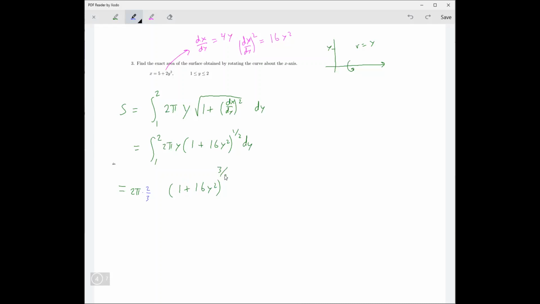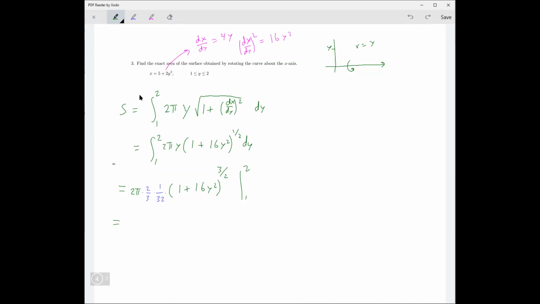Then this reduces by 1 power, so 3 halves minus 1 is 1 half. And then I have to multiply by the derivative inside. The derivative of this part inside is 0 plus 32y. There's the y, but we have no 32 to counter it, so I'll put 1 over 32 right there. And of course, this goes from 1 to 2.